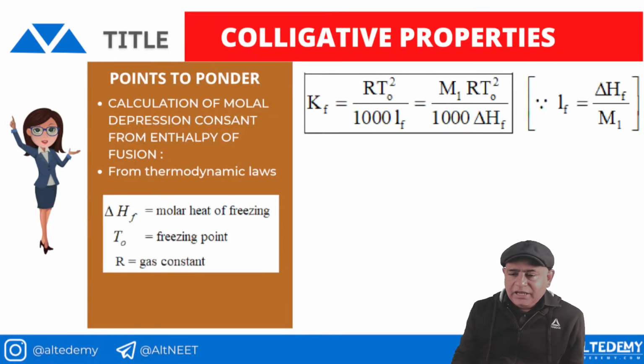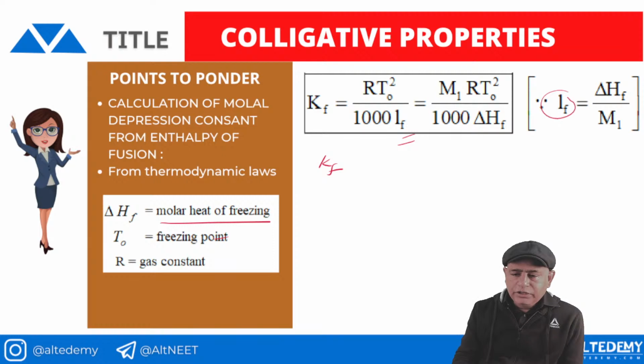Yes, there is again a very important relationship that we need to understand. At times it is asked. There is a method to find out Kf also on the basis of latent heat of fusion. Suppose T0 is the freezing point and delta HF is the molar heat of freezing.